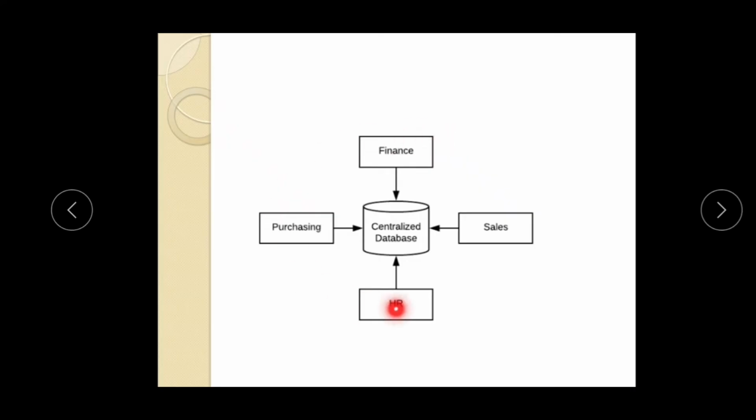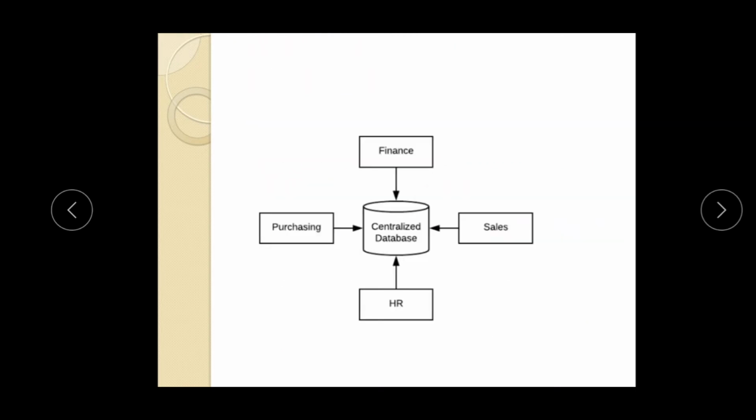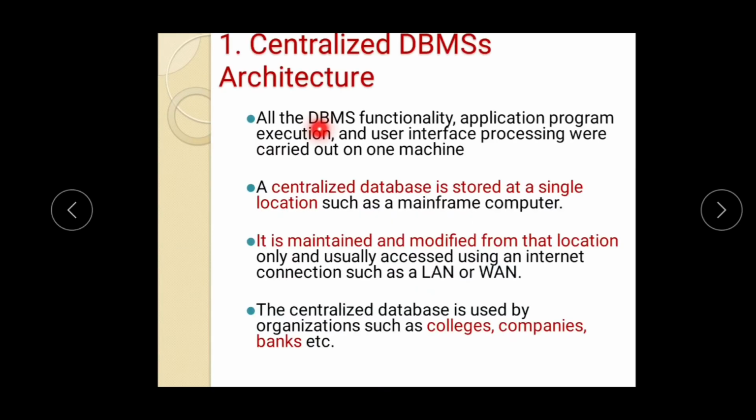This is the basic figure of it. All DBMS functionality, application program execution, and user interface processing are carried out on one machine. This single machine carries all this processing. DBMS functionality means accessing the information.